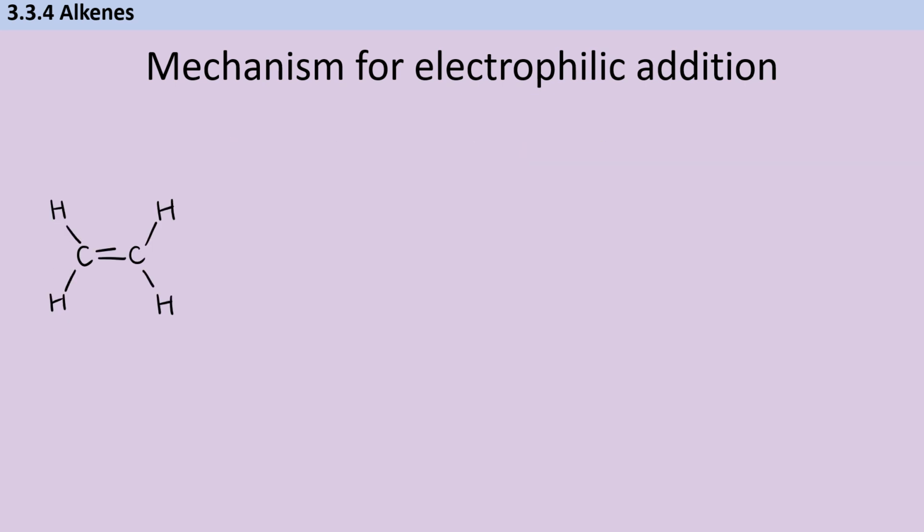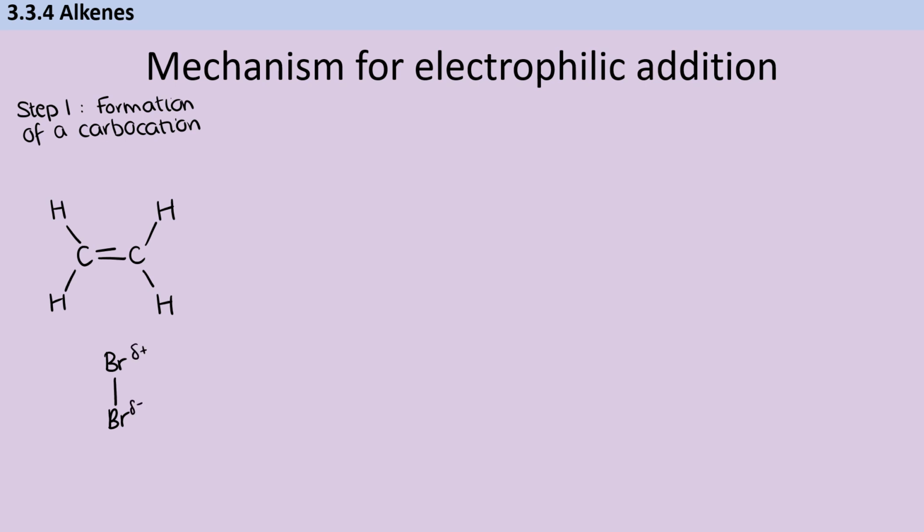So let's look at the mechanism for electrophilic addition, this time with a halogen. Our first step is the formation of a carbocation from our initial alkene. Here we've got a bromine molecule, although it could be a different halogen too. I'm just picking bromine because we were talking about bromine water. Whichever halogen it is, that molecule at any moment is going to have an instantaneous dipole.